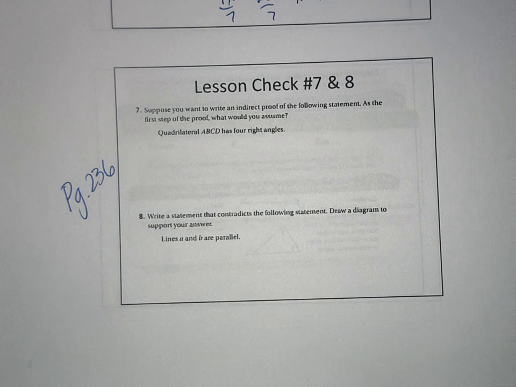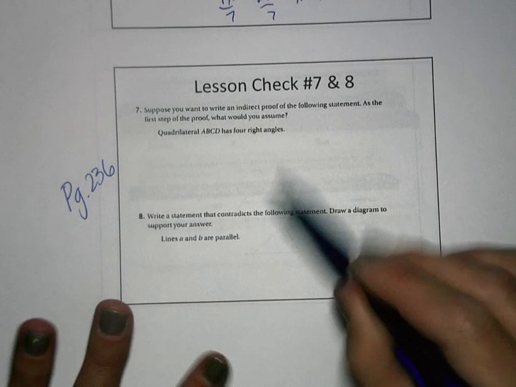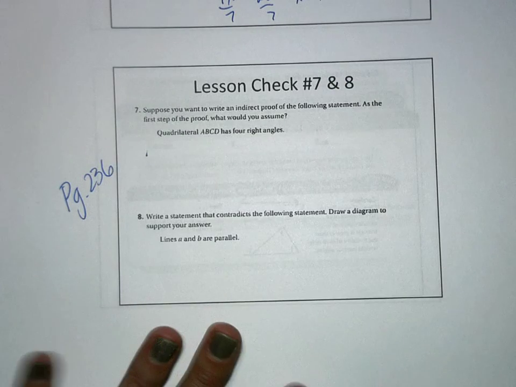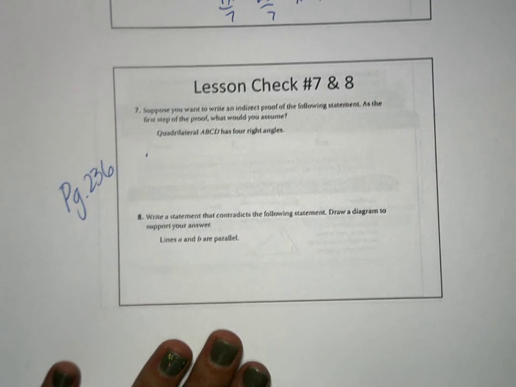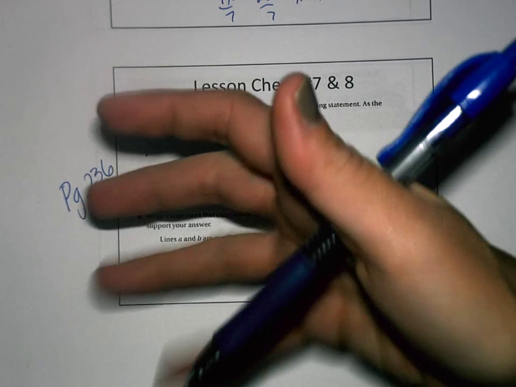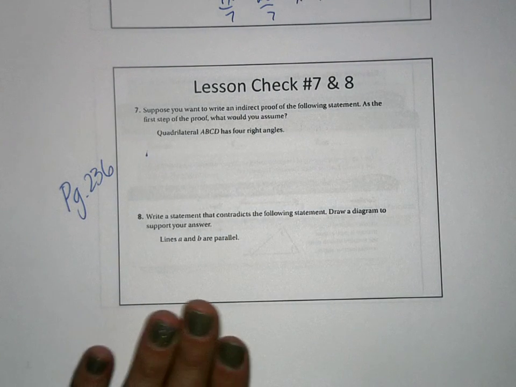So what do you think? And really, in order to prove this, you would just need to write that at least one triangle is not a right triangle. Not that all 4 are not right triangles, but since they're saying all 4 are, you would just need to prove at least one is not a right triangle.